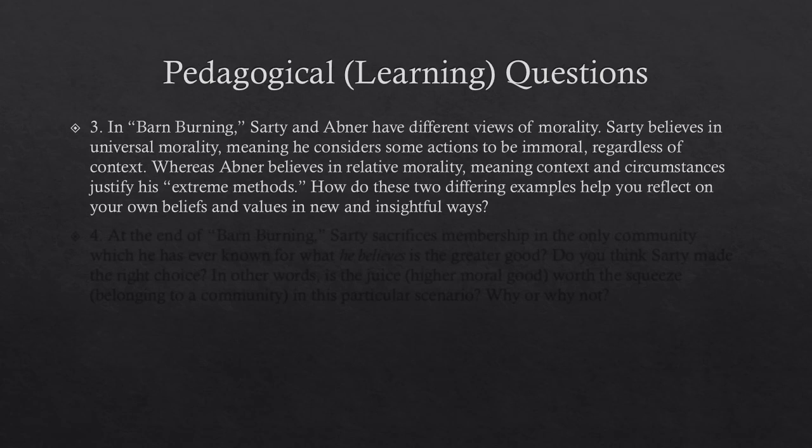And this question is very personal because it could essentially be the same question a third time. But the way this question is different is I ask, how has just reading this story, listening to this lecture, thinking about these things in the context of the story, how has that caused you to reflect on your own beliefs and values, perhaps, in new and insightful ways? So this is the most personal question.